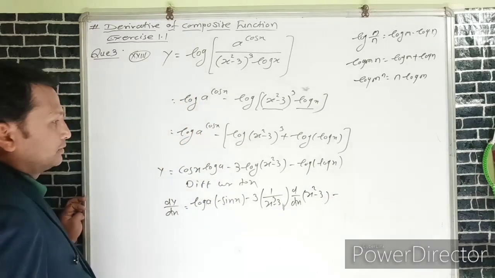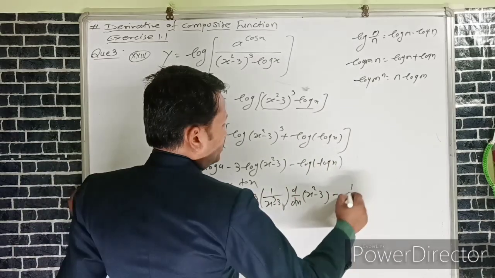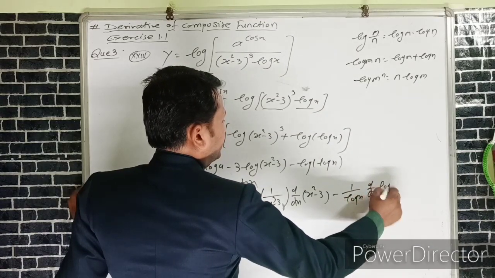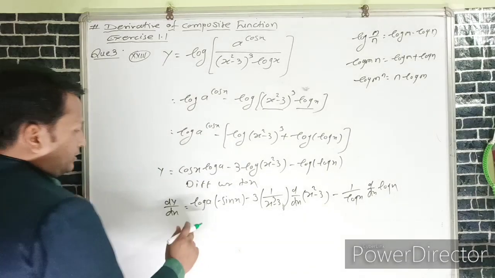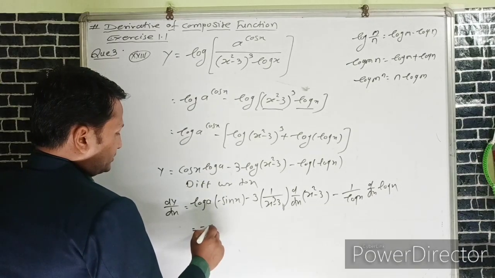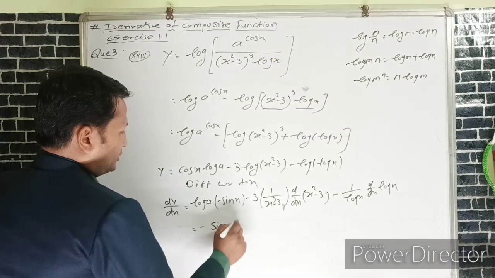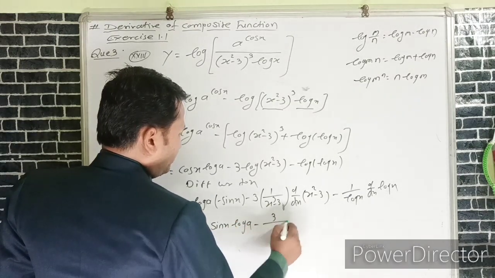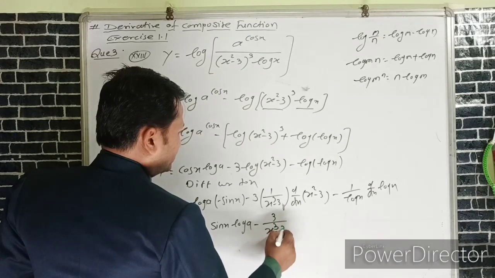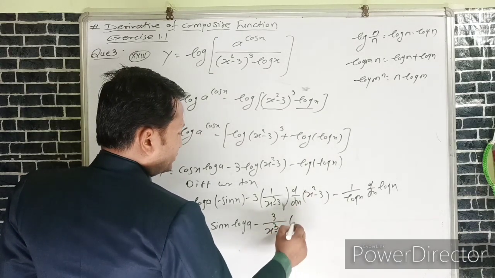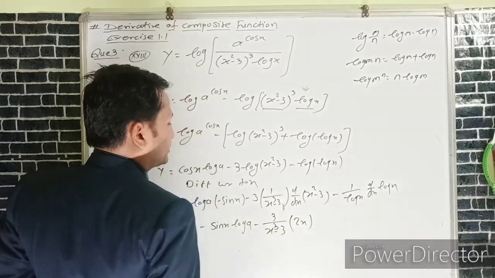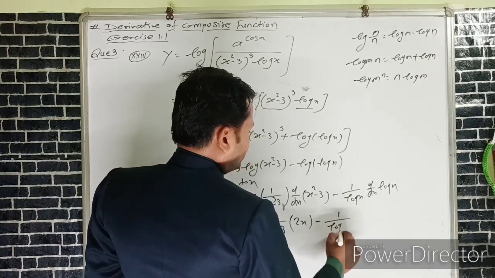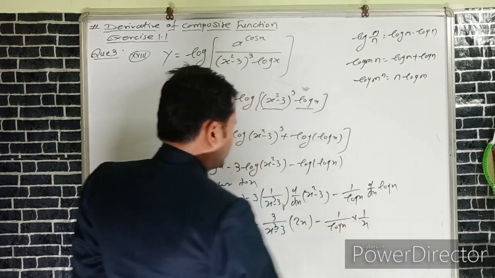Minus the derivative of log of log x is 1 upon log x, and we take again the derivative of log x: minus sin x into log a, minus 3 upon x square minus 3, and the derivative of x square is 2x, minus 3 is 0, minus 1 upon log x into the derivative of log x is 1 by x.